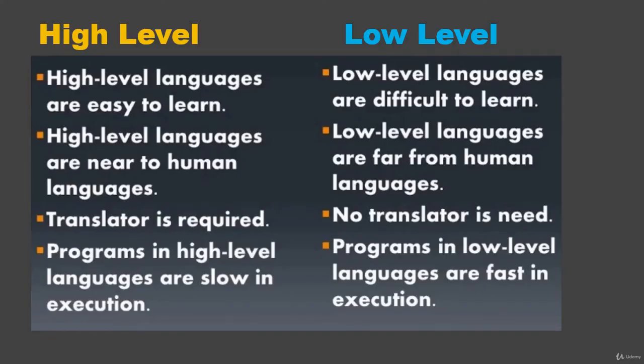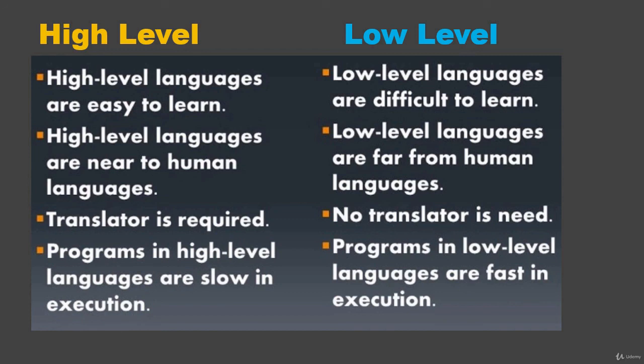Key differences between high-level and low-level programming languages. High-level languages are easier to learn. Low-level languages are more difficult to learn. High-level languages are near to human languages. That's easy to read. They are like basic English.